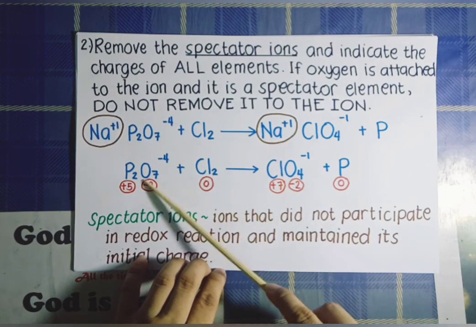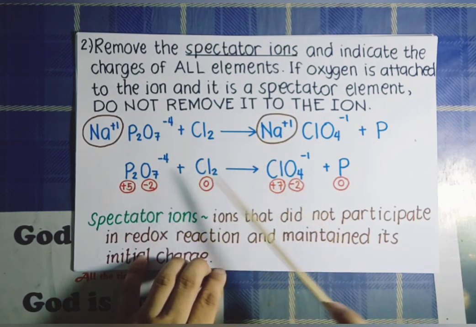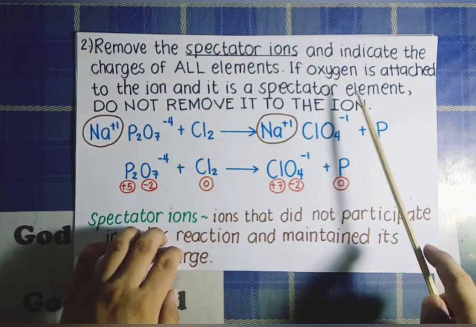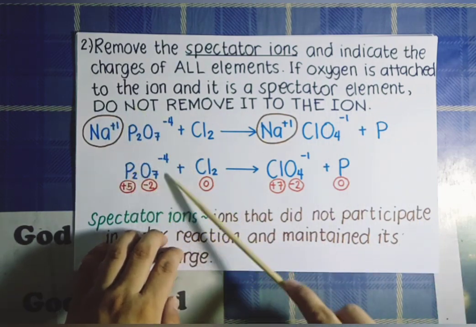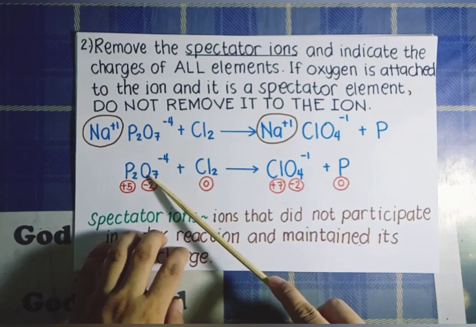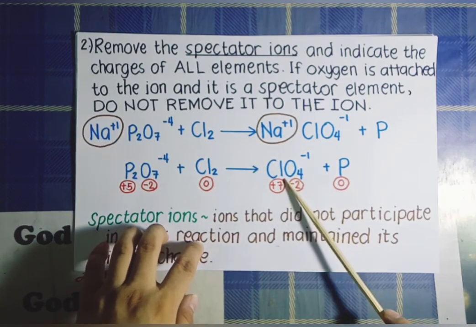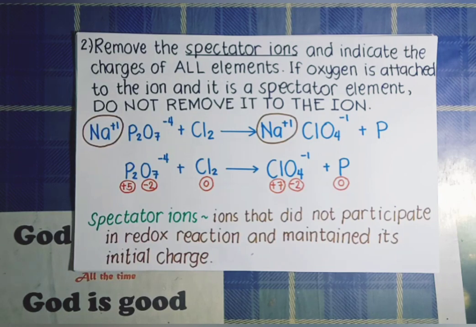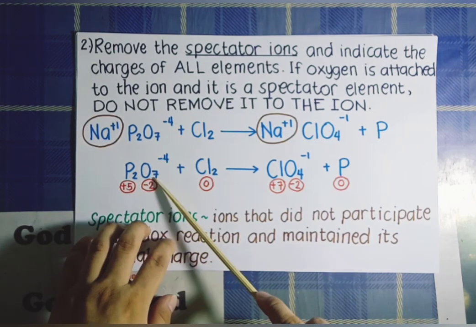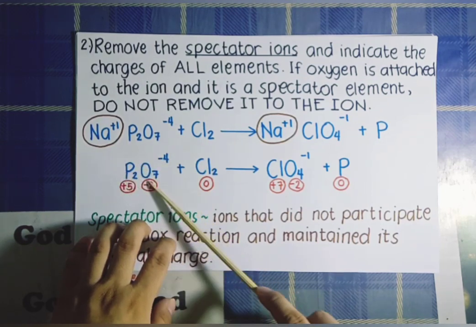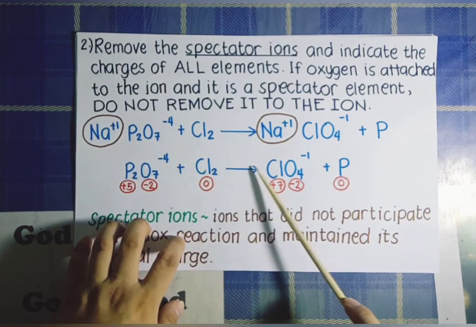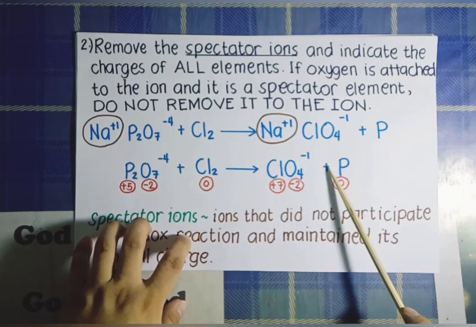Although oxygen maintained its charge, since it is attached to pyrophosphate ion in this case, and to perchlorate ion in this one, we are not going to remove those oxygen atoms. And we will have P2O7 or pyrophosphate ion plus chlorine gas will yield perchlorate ion plus phosphorus.